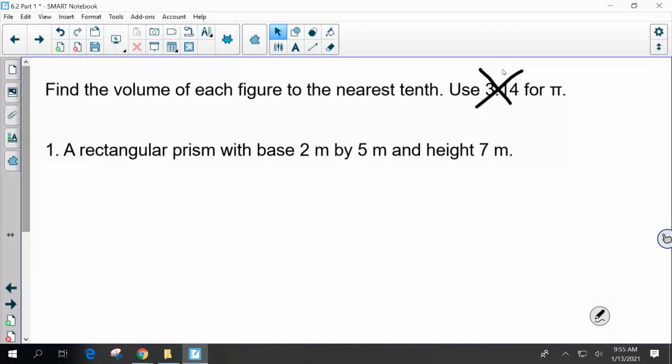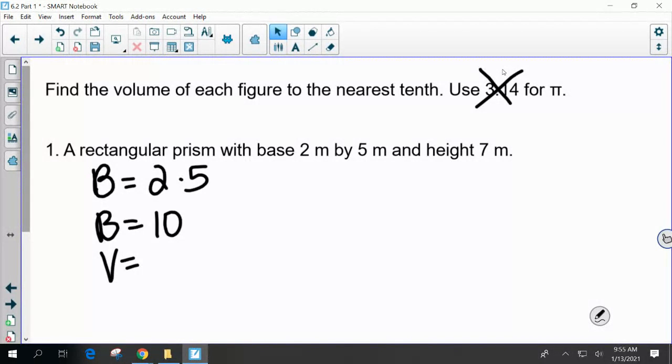Okay, so for a rectangular prism, I'm going to calculate capital B, which is area of the base, and I'm going to take length times width. So 2 times 5. So my capital B is 10. Okay, then to find the volume, I'm going to take capital B times the height.